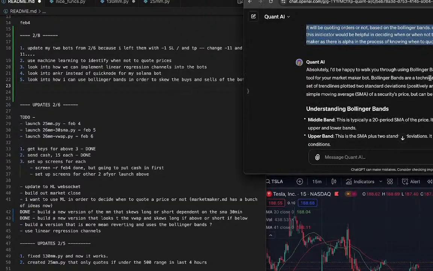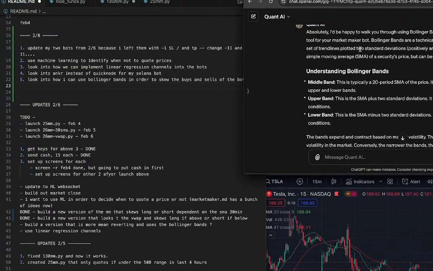So we can use both to decide when to quote or not. Absolutely, I'd be happy to walk you through using Bollinger Bands as a decision-making tool for your market maker bot.